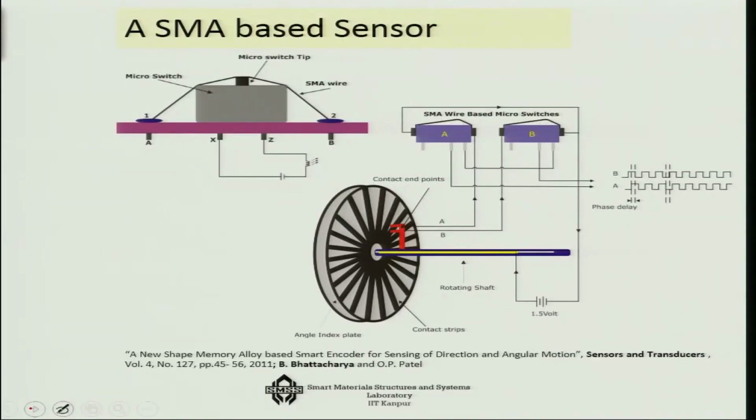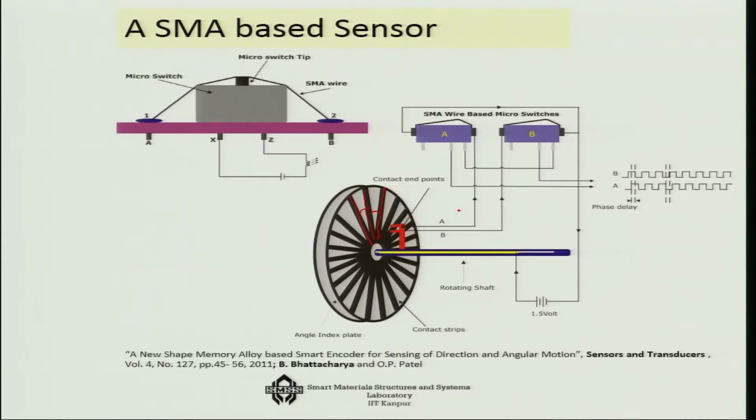One very interesting application of SMA is the SMA wire-based sensor that we have developed. So what you do here is you take a kind of angle encoder where you have these contacts, and these are conductive, and these angles are drawn with a known angle. Now these two pins are touching the system and you are passing current through the SMA wire.